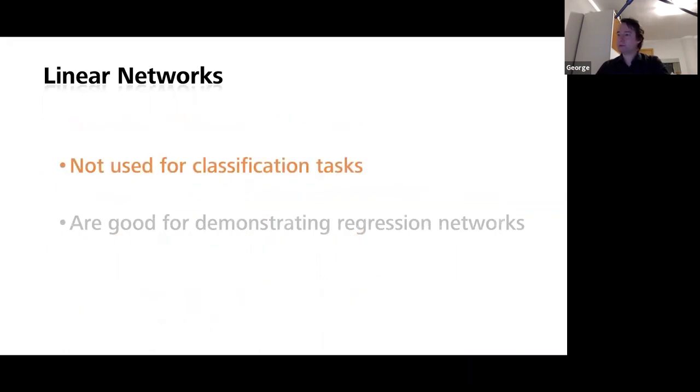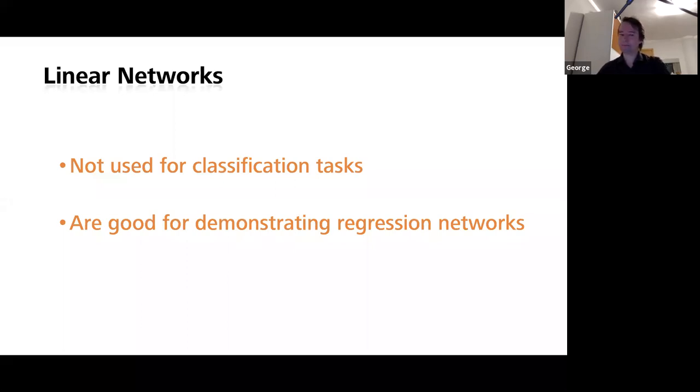Linear networks cannot be used for classification tasks because for classification, by definition, you need to have at least a softmax at the end. However, just for learning, you could use linear networks to demonstrate regression networks, because you can see, okay, this is my data and now it fits a straight line.